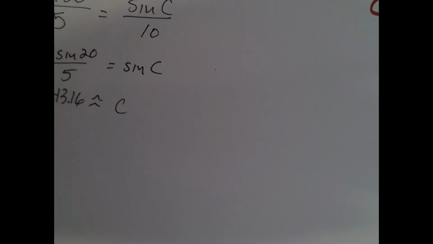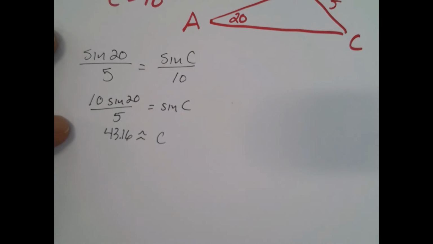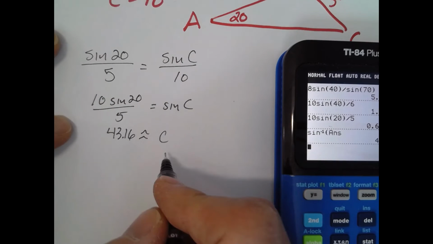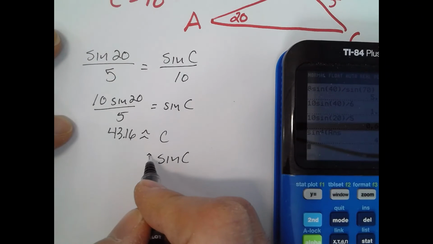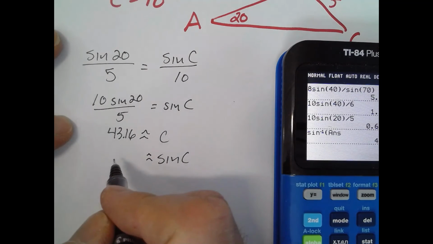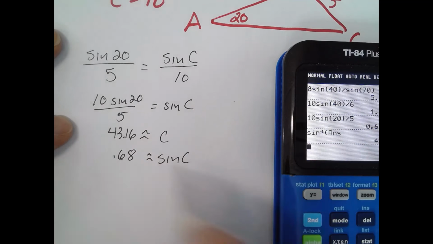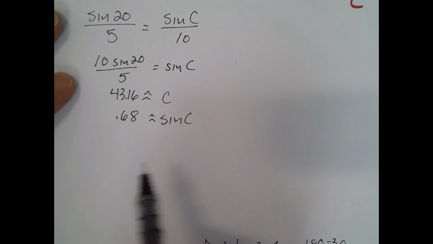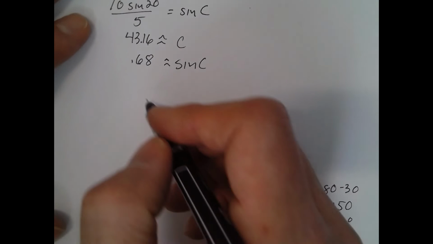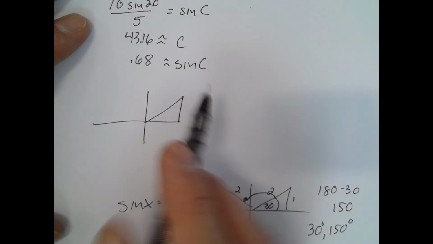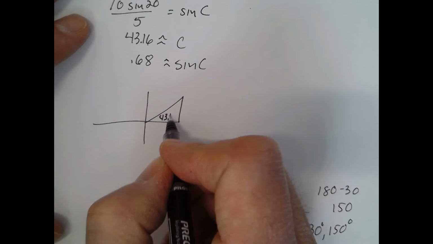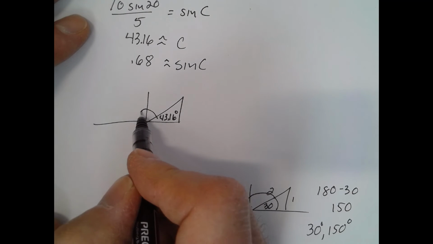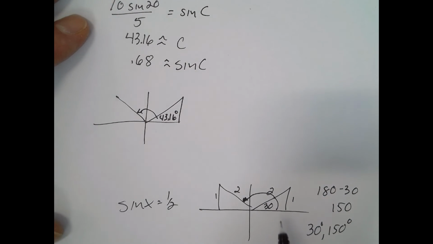So up here, I had sine C equals 0.68. Well, how many times is sine equal to 0.68? It's almost like the 1/2 I had down here. It happens twice. It happens in this quadrant, which is 43.16 degrees. And the other angle is whatever 180 minus 43.16 is.